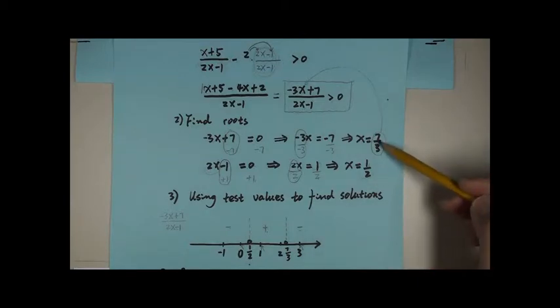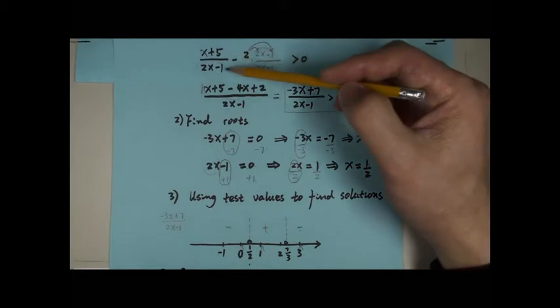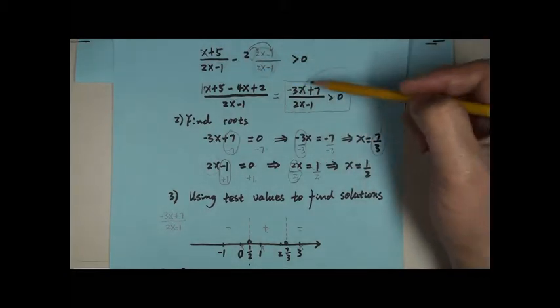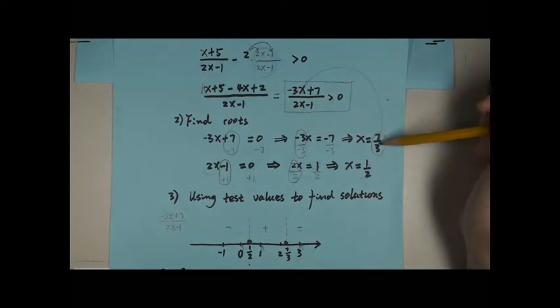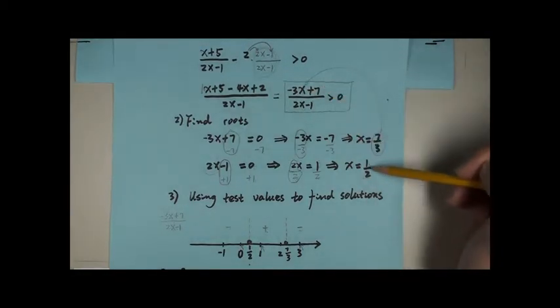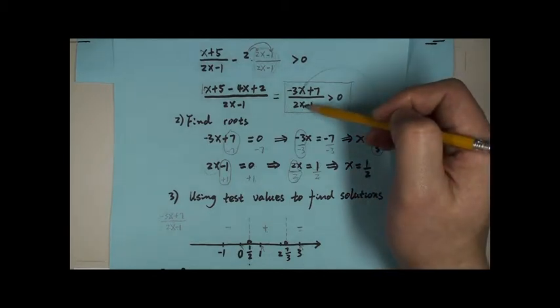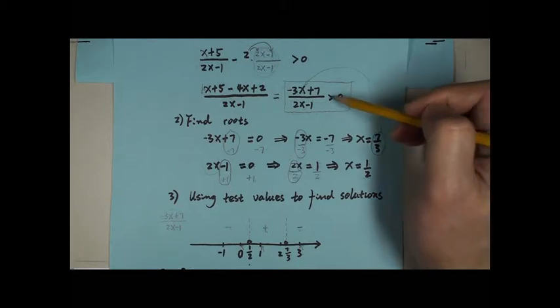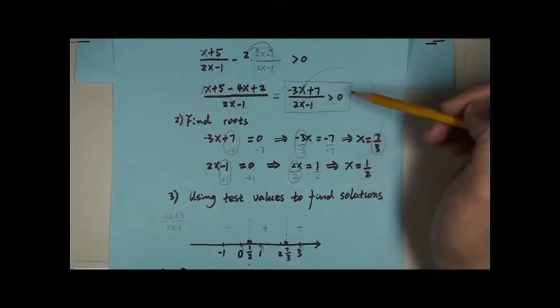Why? Because if you plug in those two values into the previous one, if you plug in 7/3 right here, you got 0. If you plug in 1/2 here, you got 0. But here is not 0. It's greater than 0, not equal to 0.